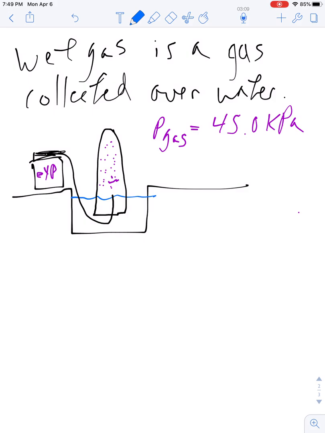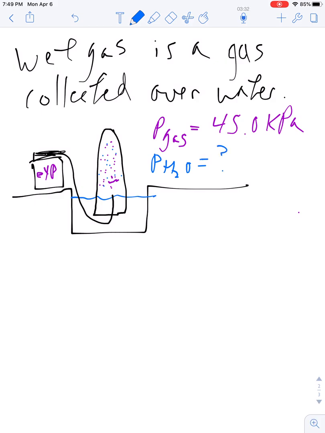Water evaporates. We know this. Hot water evaporates faster than cold water. So some of my water will evaporate. And so I will have some gas pressure due to the water, okay? That's called a wet gas, where there's water vapor mixed in with your own gas.